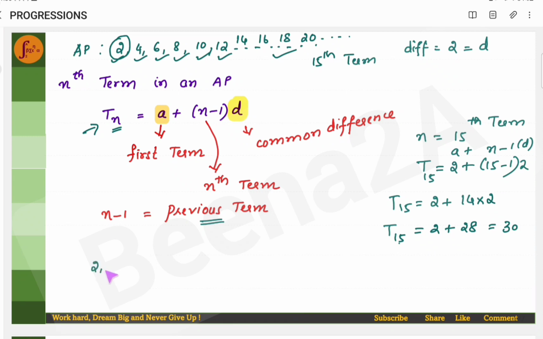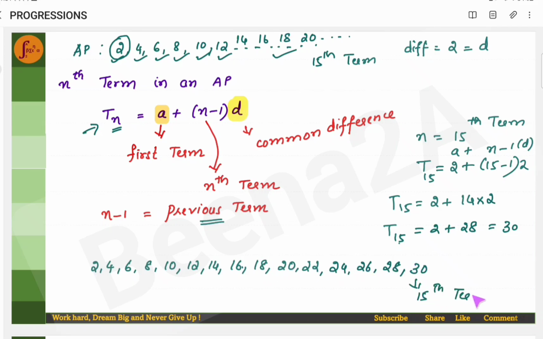So 2, 4, 6, 8, 10, 12, 14, 16, 18, 20, 22, 24, 26, 28, 30. Let's see if this is the 15th term. 1, 2, 3, 4, 5, 6, 7, 8, 9, 10, 11, 12, 13, 14, 15. Yes, so this is the 15th term, right?